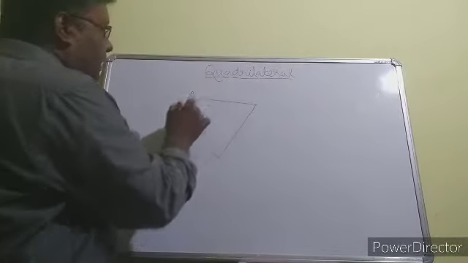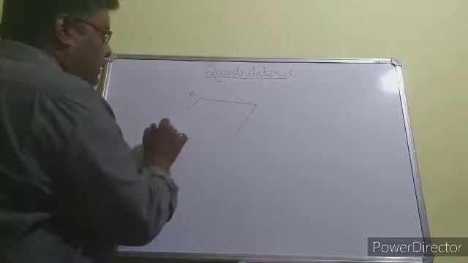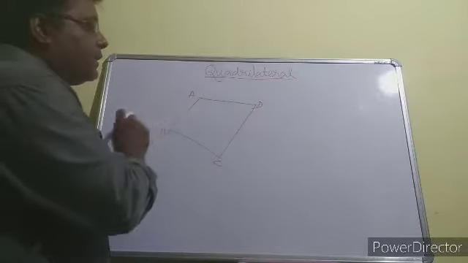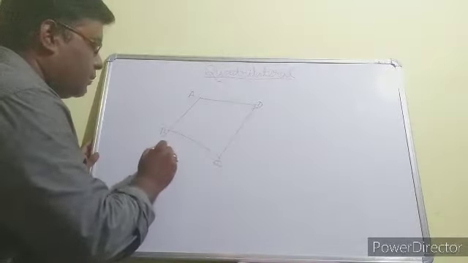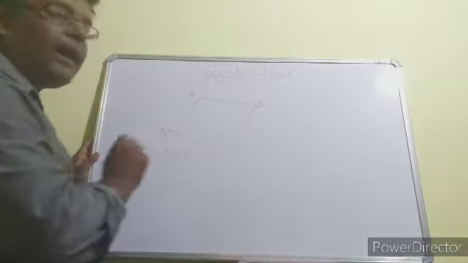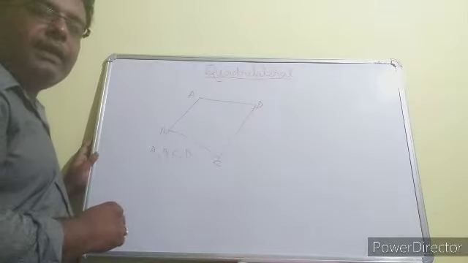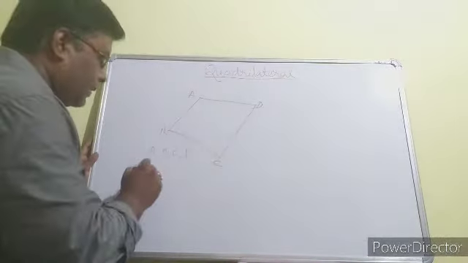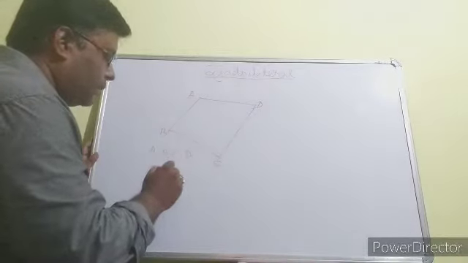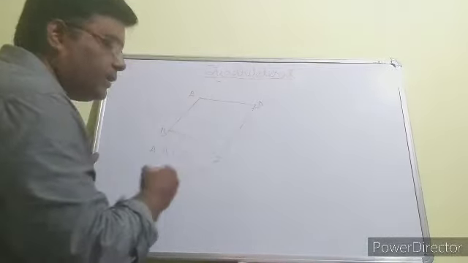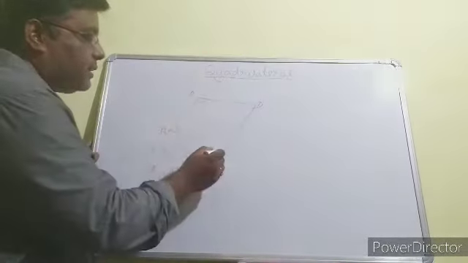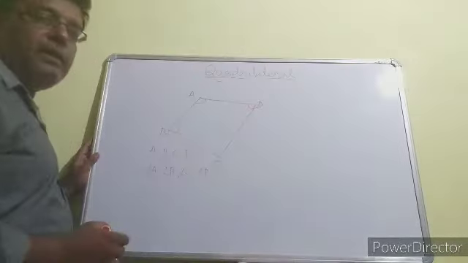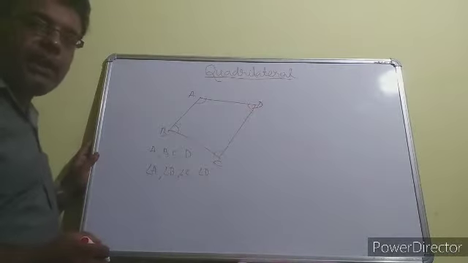Any quadrilateral ABCD. Then this quadrilateral has 4 vertices, A, B, C, D, and it has 4 angles, that is angle A, angle B, angle C, and angle D. That is, this is angle A, this is angle B, this is angle C, and this is angle D, and it has 4 sides.